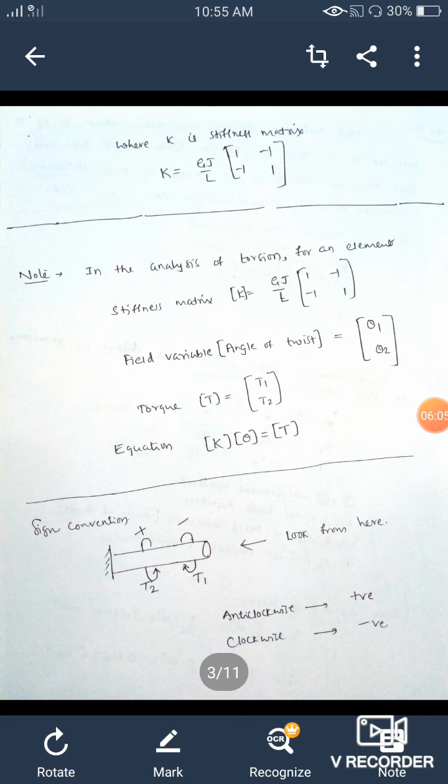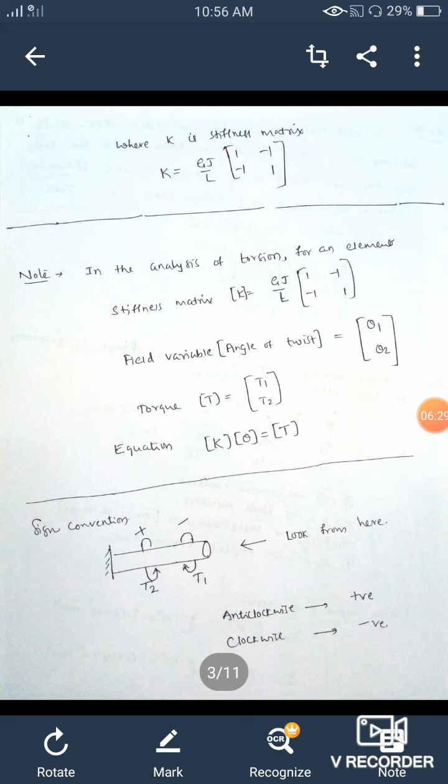The rest of the things are the same as the bar element, and the procedure is the same. The field variable, the angle of twist, we call theta 1, theta 2, and the torques T1, T2.